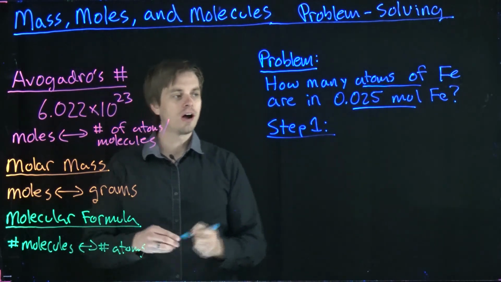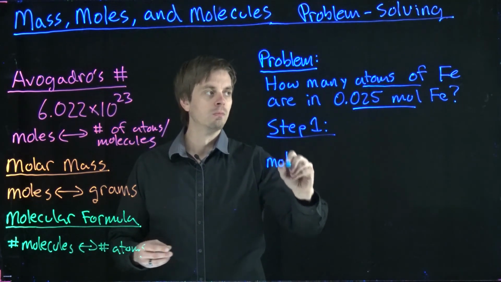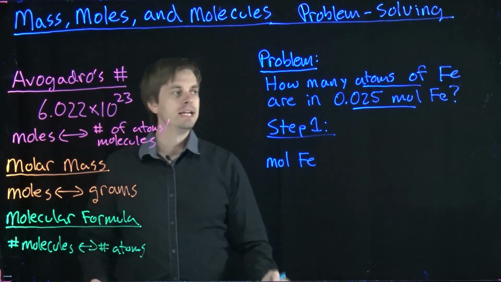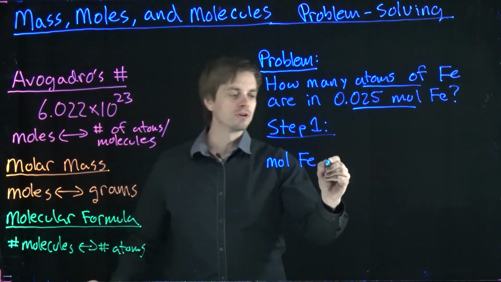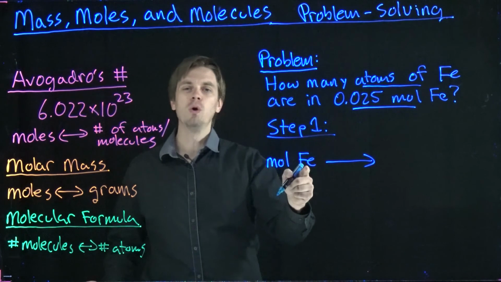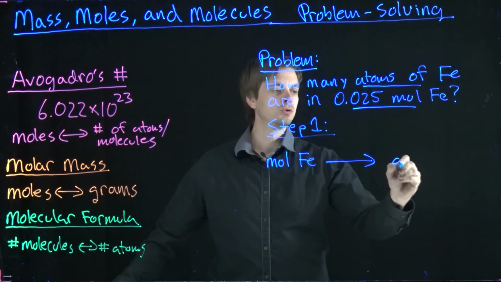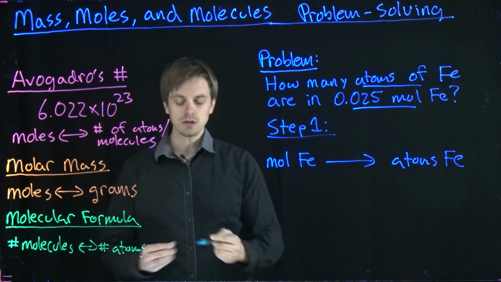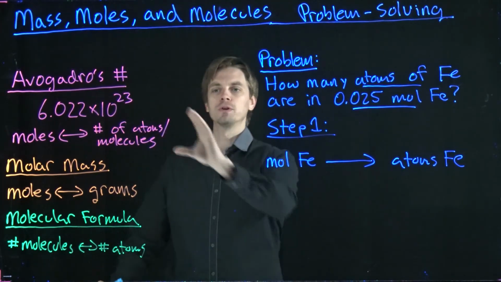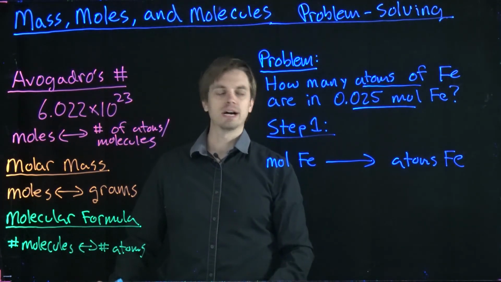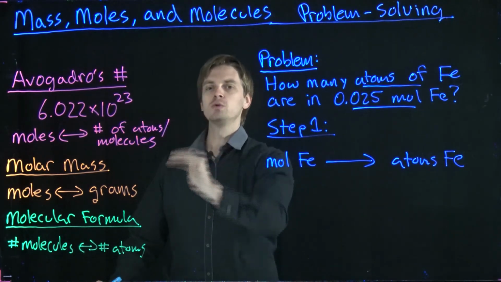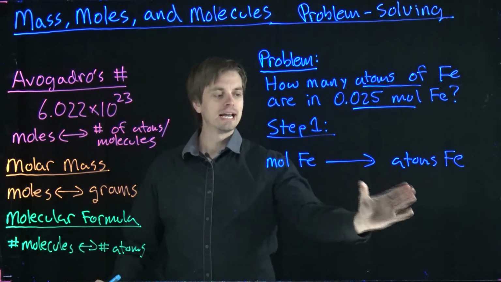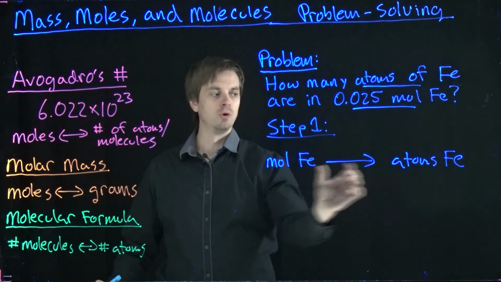So we're starting off here with moles of iron. Now our goal is to somehow convert moles of this substance into the individual atoms of iron. So what we then need to do is come over to our set of conversion factors here and figure out which one of these conversion factors carries out our desired conversion, moles to atoms.